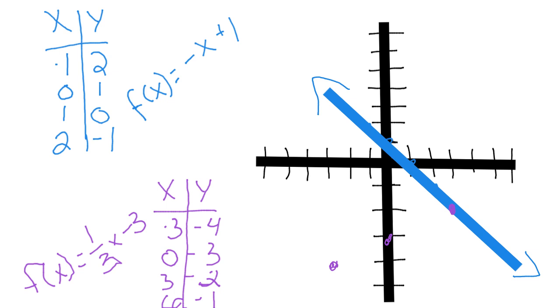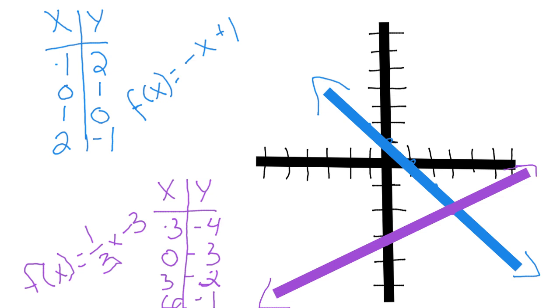So we're going to go ahead and form a line over those points, as well as put arrows on the end. The solution to the system is where they cross. So I see that they cross right here. So my solution to the system of equations is 3, negative 2.